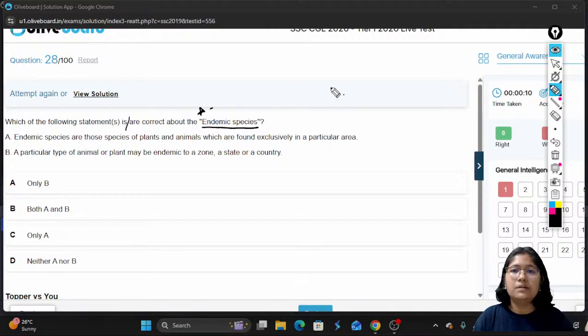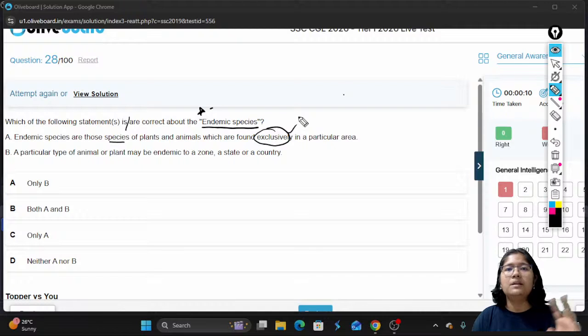A pandemic disease is a certain disease that has become pandemic, so that means it has spread across the whole particular region or nations or world. Endemic species are those species of plants and animals which are found exclusively in a particular area. So when we say endemic to a region, that means exclusively to that particular region.